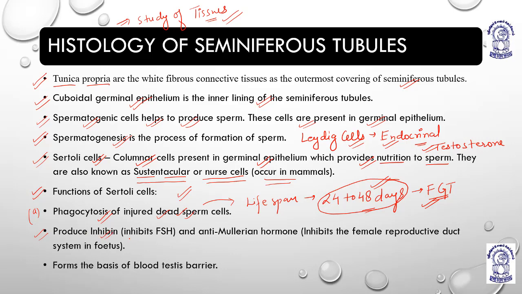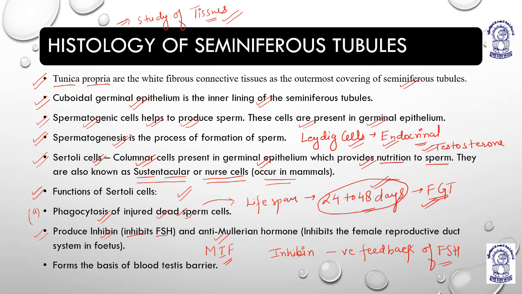Inhibin inhibits the secretion of FSH. So we can also learn that inhibin imposes a negative feedback on FSH, right? Then Sertoli cells also produce anti-Mullerian hormone, also known as Mullerian inhibiting factor.